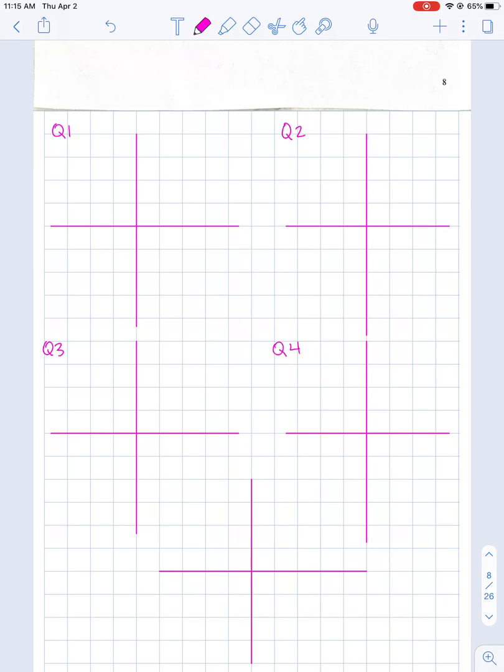So in quadrant 1, what that angle would look like would be initial side is on the positive x-axis. The terminal side is somewhere in quadrant 1. This is my angle. In quadrant 2, initial side is always on positive x-axis. Terminal side is in quadrant 2 with it being an obtuse angle.